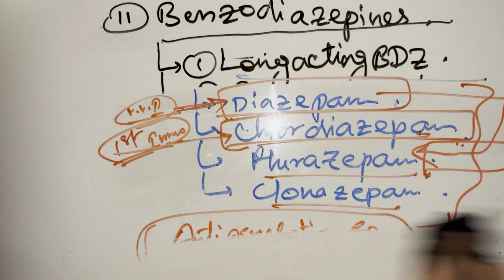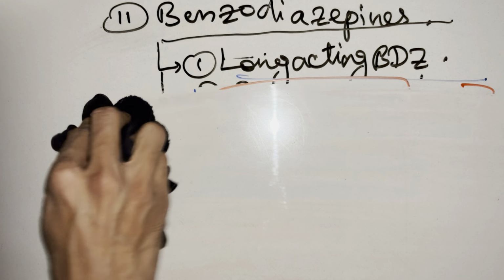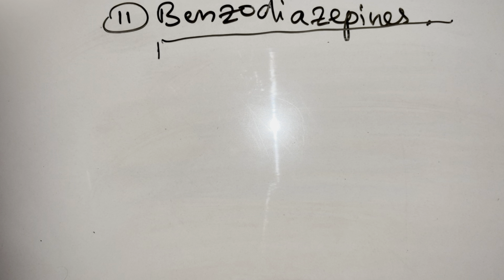Next, we will see the intermediate-acting benzodiazepines. What are the intermediate-acting benzodiazepines? They are nitrazepam and alprazolam. This alprazolam leads to long time sleeping.